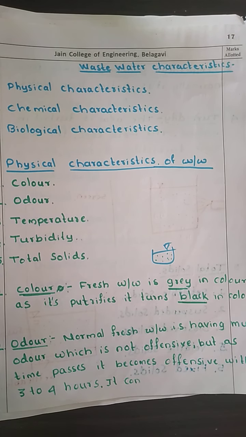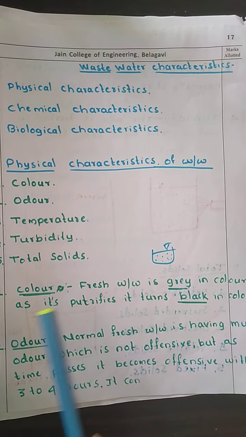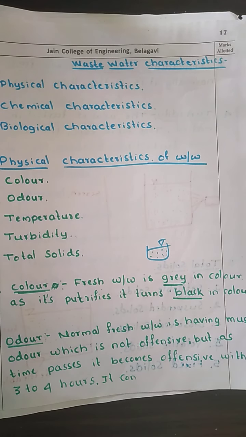So this is regarding the first physical characteristic, that is color. When color is asked, you should answer: the fresh wastewater will be gray in color, but as time passes, it converts into black in color due to decomposition.